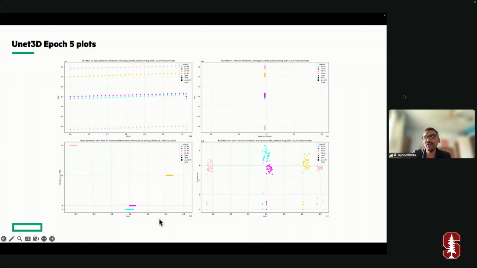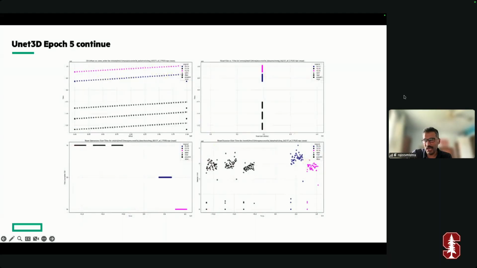It will be something interesting for further experiments: why some of the reads are taking more time, whether the cache was flushed or something else. We will have to check it. But the IO profile remains the same for the epoch 5 case also.